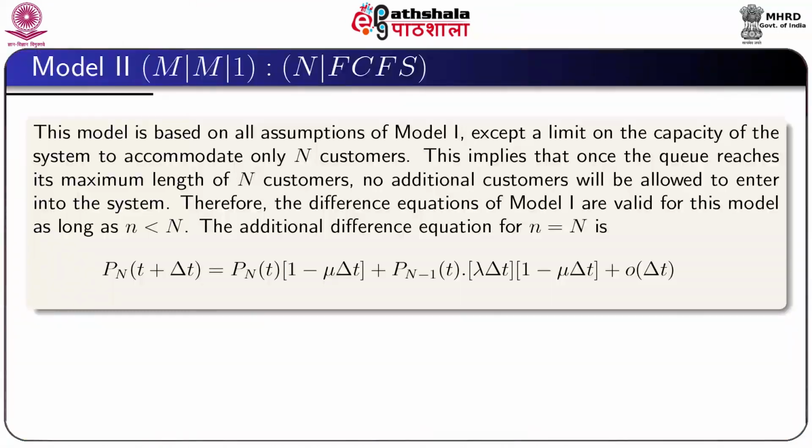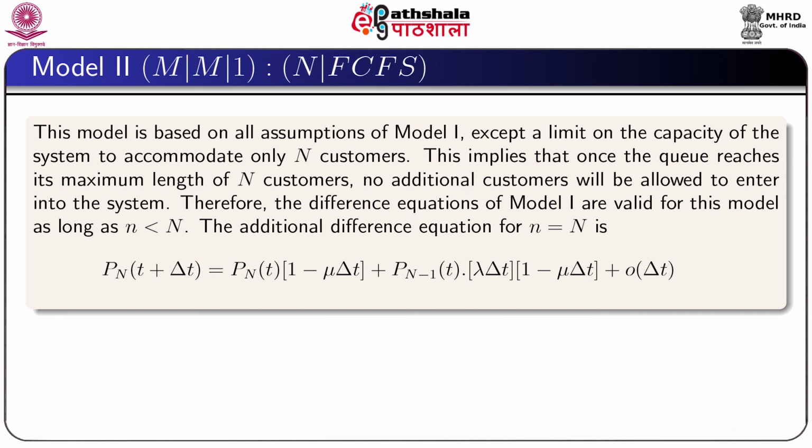In this model, we have assumed infinite capacity of the system, which may not be applicable in practice. So, now we are proceeding to develop another model, which is model 2, where we consider finite capacity of the system. Let us start our discussion on model 2, which is M/M/1/N/FCFS.